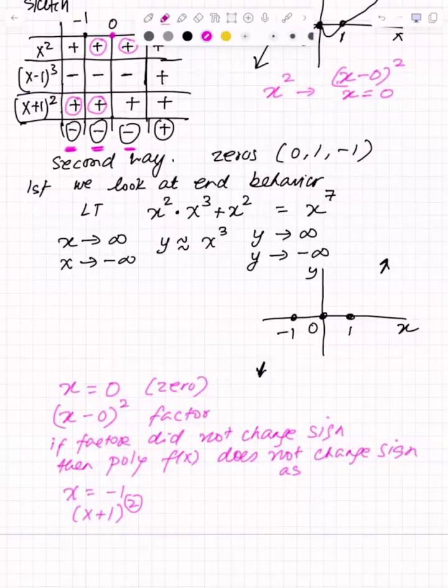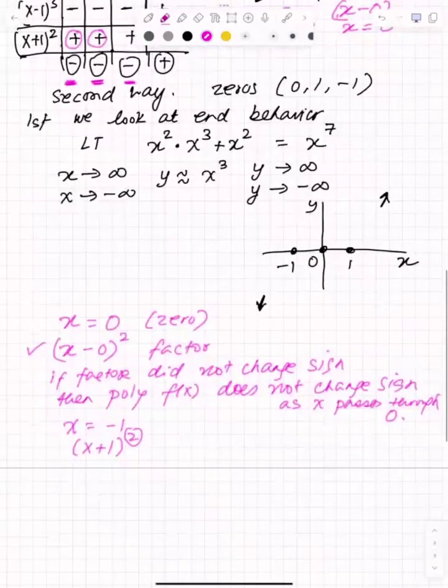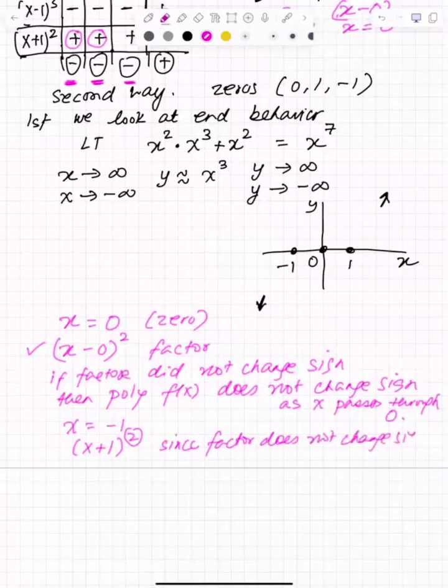If the factor did not change sign, then the polynomial does not change sign as x passes through the zero. Similarly, x equal to negative 1 is a zero, x plus 1 squared is the factor. Since the factor does not change sign, the polynomial does not change sign at the zero at x equal to negative 1.